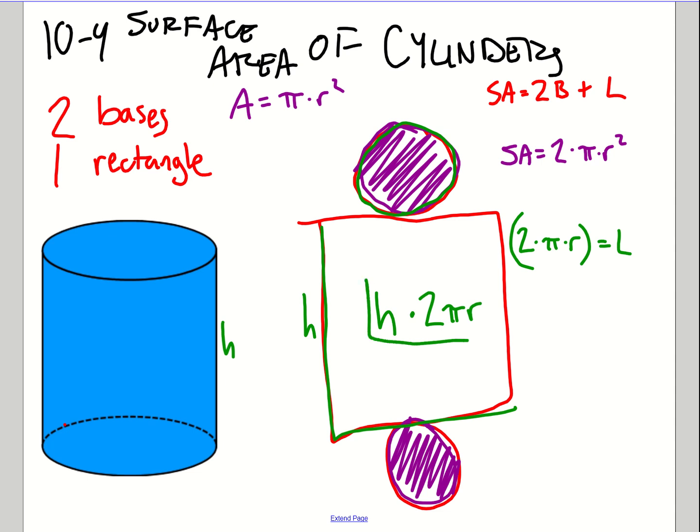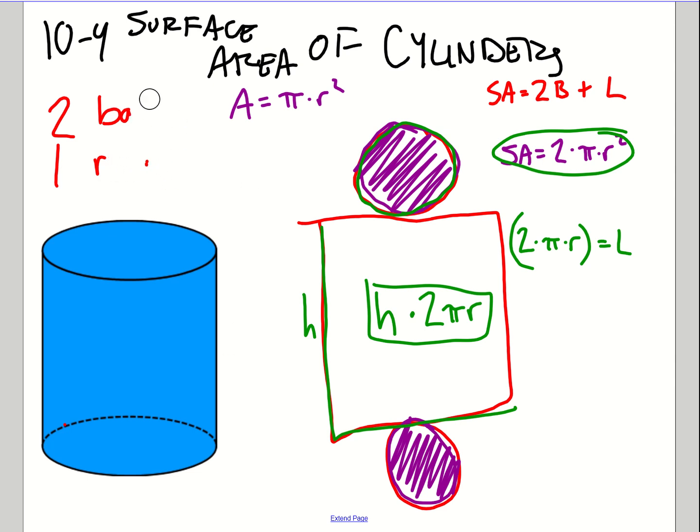And I want to add this to this. Okay, so all of that information, everything that I've got there, is going to say my surface area formula. And I do get a formula for this one.